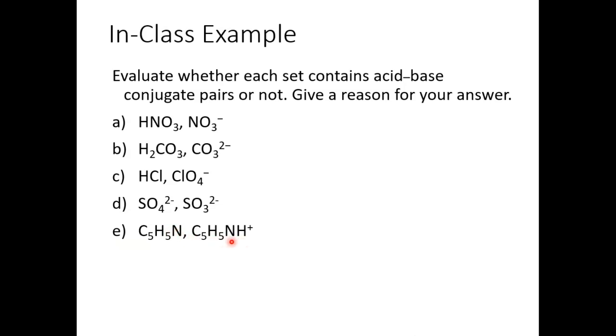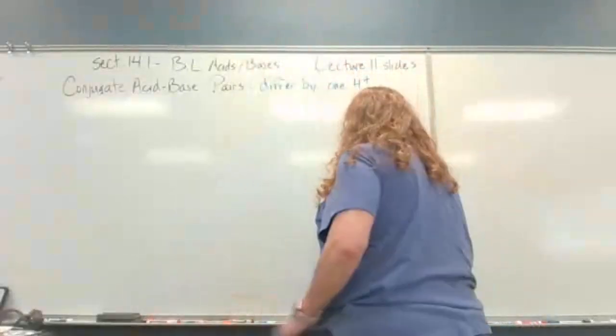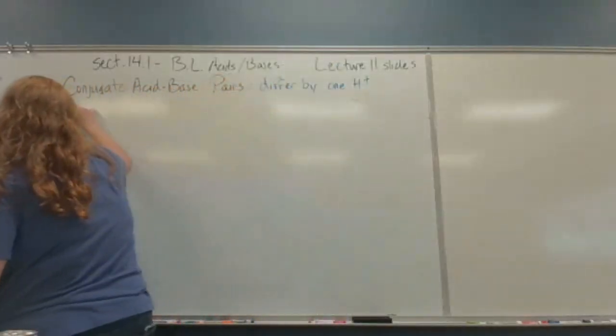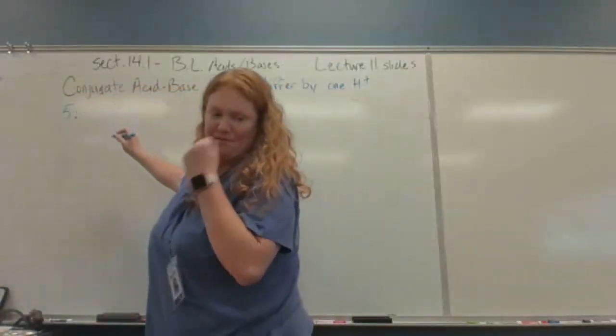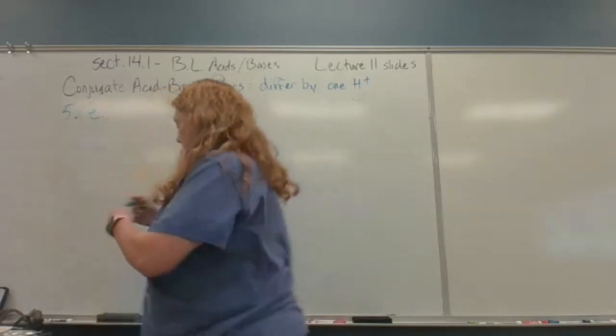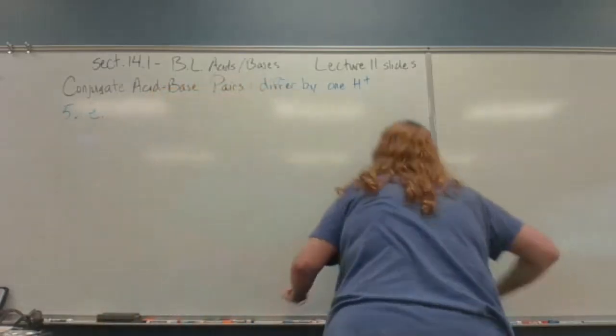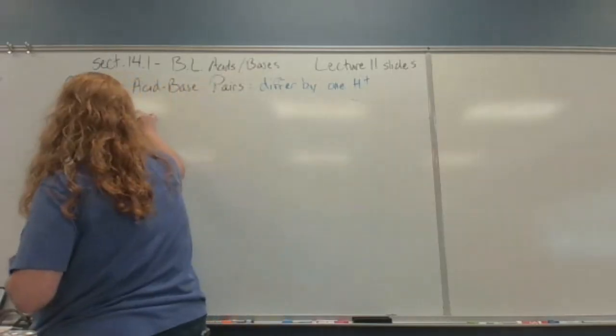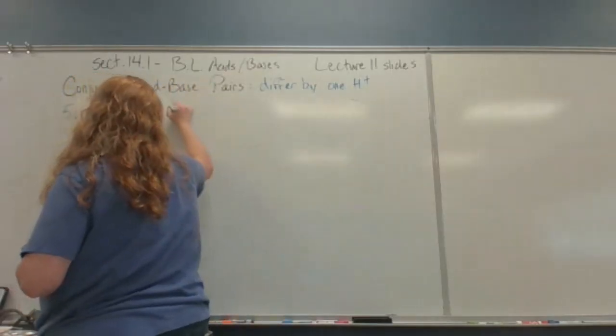Which one of these is the acid and which one of these is the base? Where is number 5? How do you know, if you're looking at a pair already given, which one is the acid and which one is the base?